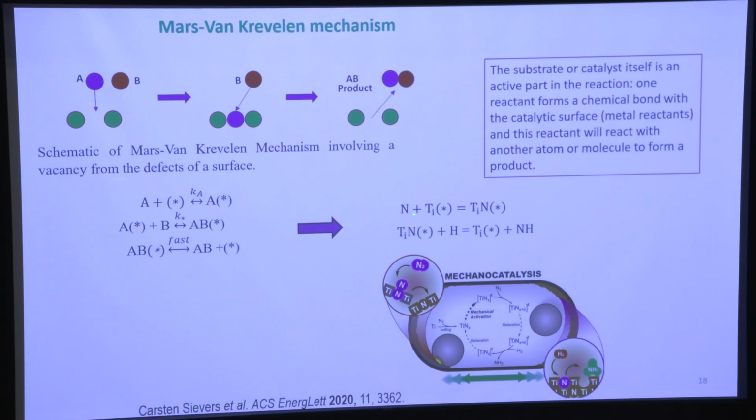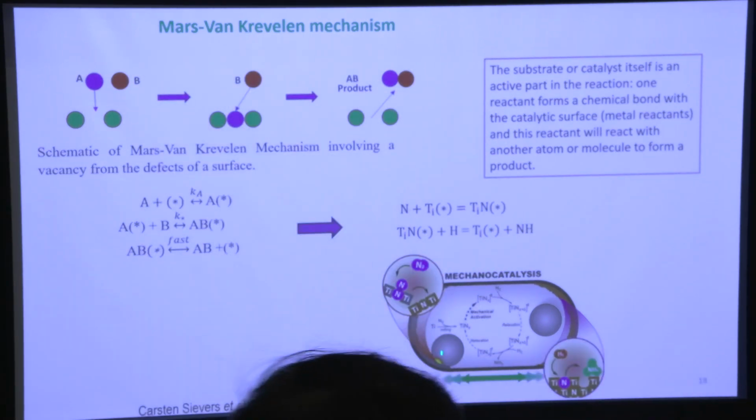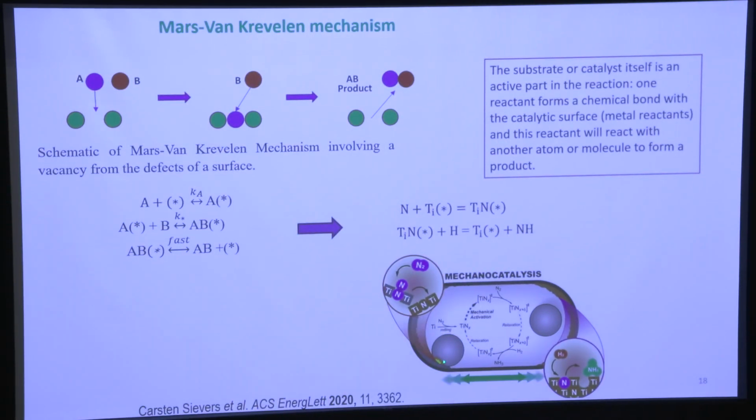For example, you have ammonia, and under this stress or temperature, the nitrogen adsorbs, dissociates, and fills the titanium vacancy. And then they react with the gas phase, for example H radicals in the high temperature environment, to form ammonia.